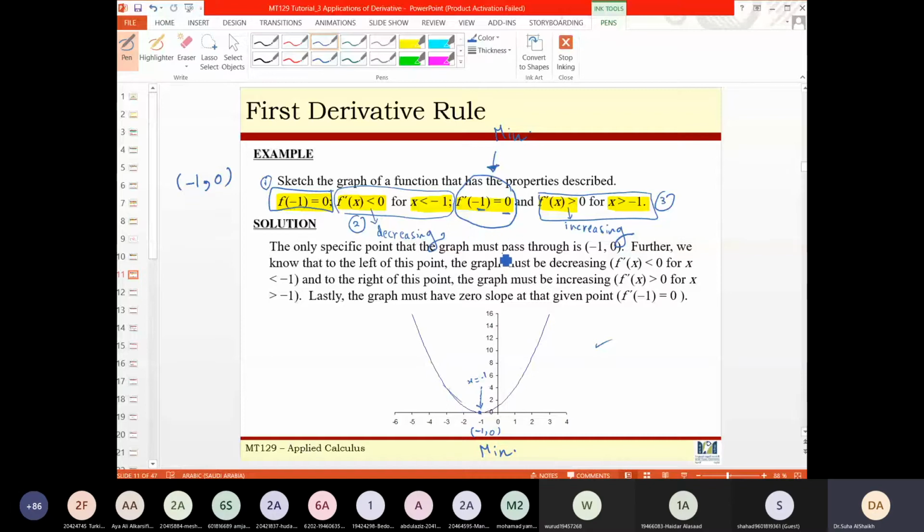And sometimes it is neither maximum nor minimum. But whenever f dash at point x is equal to 0, this point maybe will be minimum, maybe it will be maximum, or neither. Okay, so here, from the behavior of the function before and after, I can see that this point turned out to be a minimum point. It is a minimum, it's a bottom.